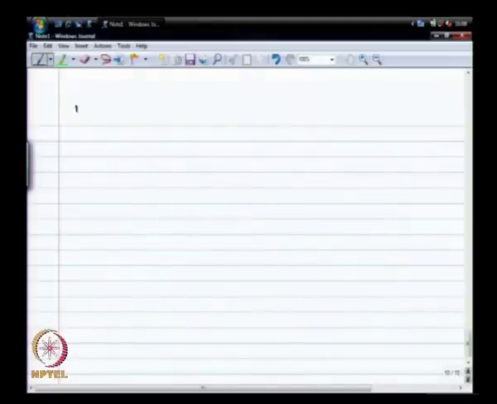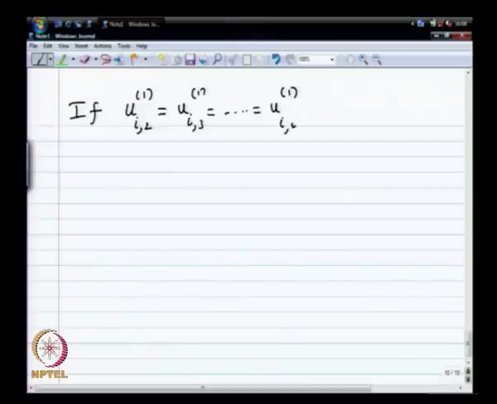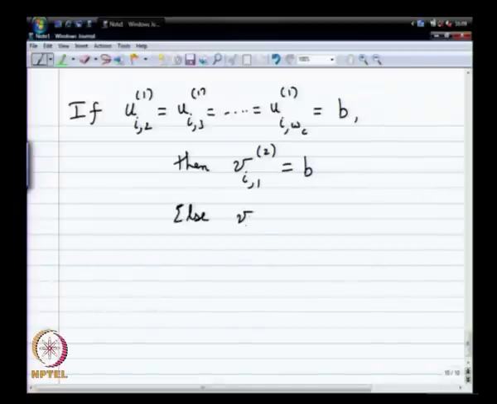If Ui2 equals Ui3 and so on till UiWC equals some B, then you will set Vi1 to be equal to that B, else you will simply set Vi1 to be Ri itself.